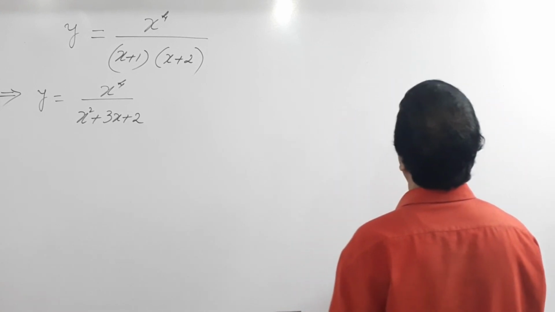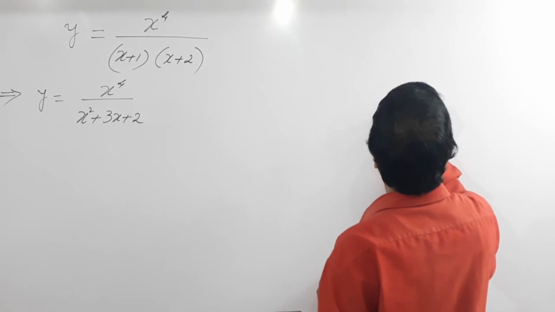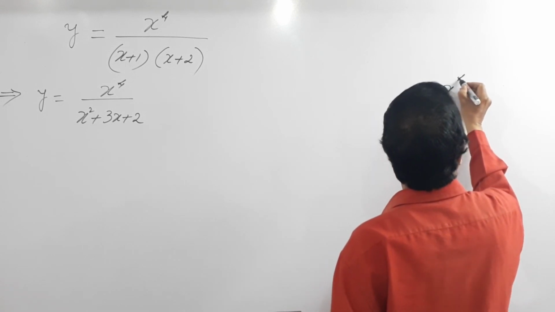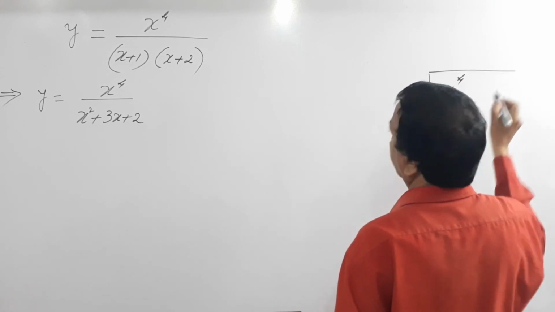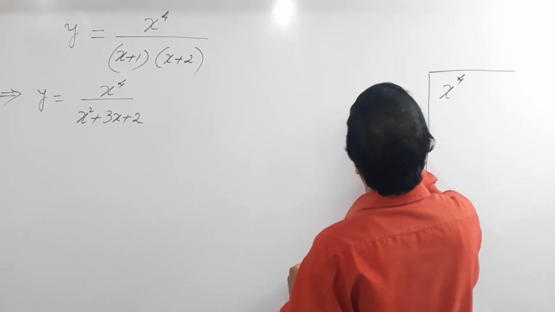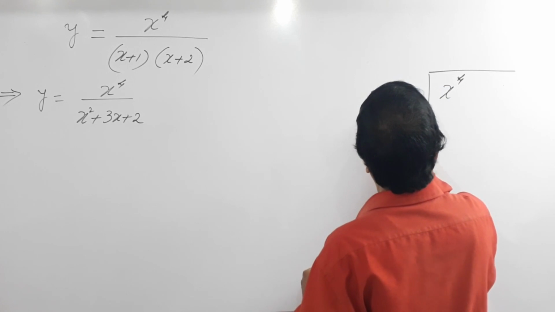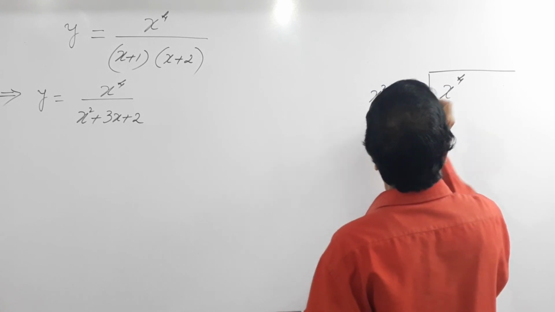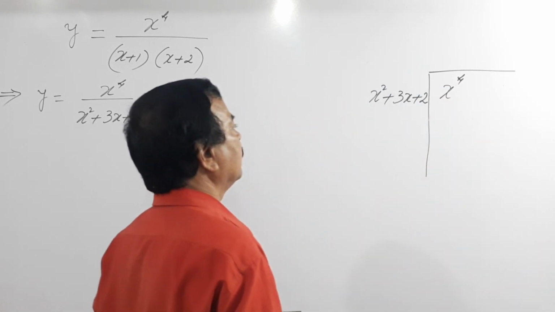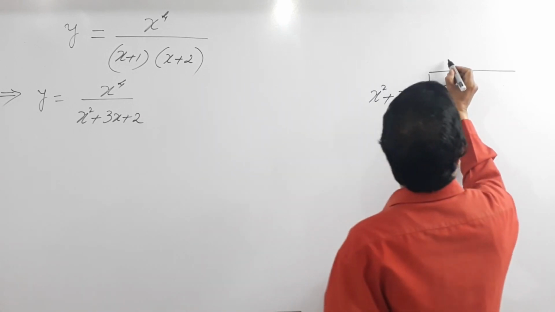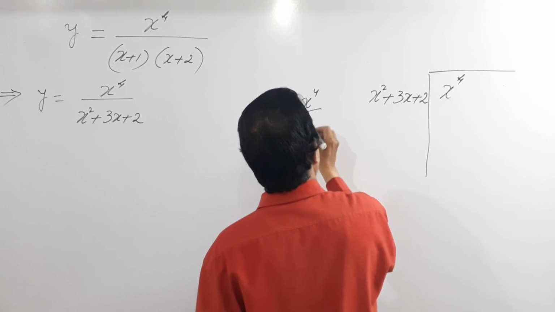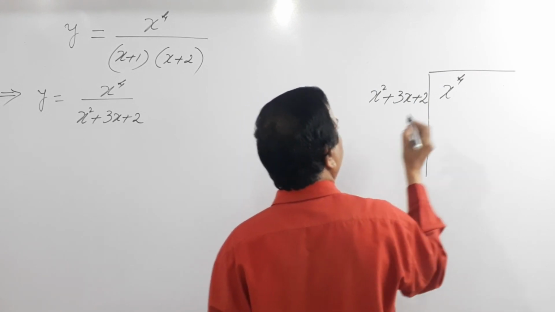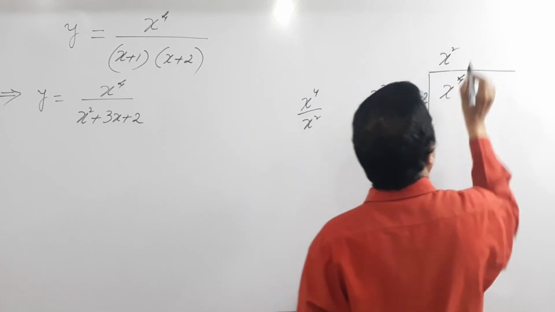What I'll do, I'll take x to the power of 4 and I take this x square plus 3x plus 2. So x square, that is x to the power of 4 by x square, it goes x square times.